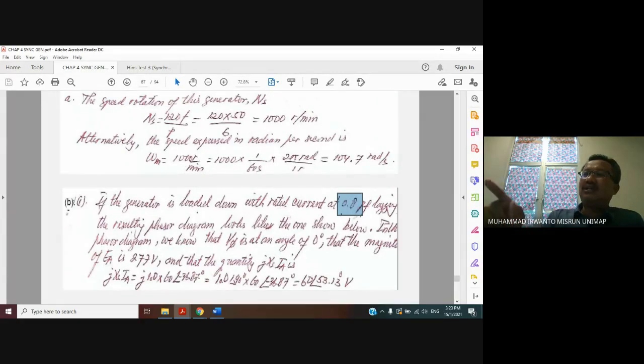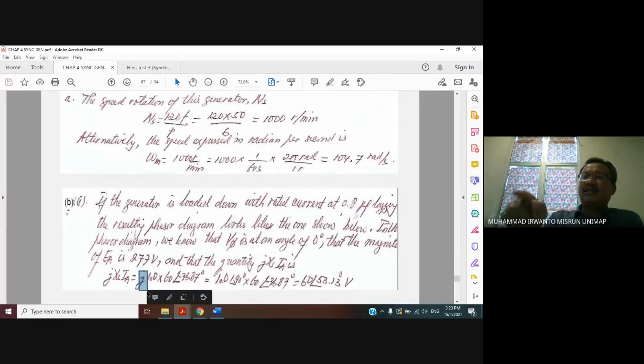Because the power factor is lagging, meaning current lags voltage by 36.87. Dia punya angle negatif ya. So the last we have obtained the value of JXSIA is 60 angle 53.13 degree.